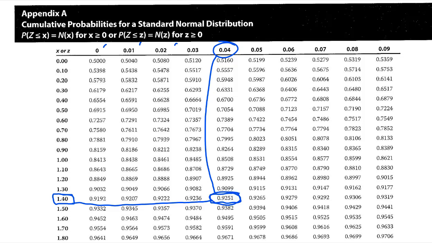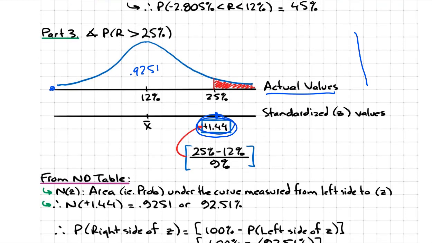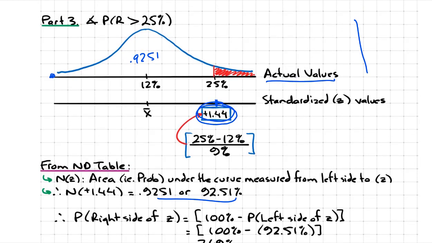So now let's go back and look at our question. Starting from the leftmost area up until this critical point, we can expect to see 0.9251. But we're not interested in the body, we're interested in the tail. So the tail would just be the residual.